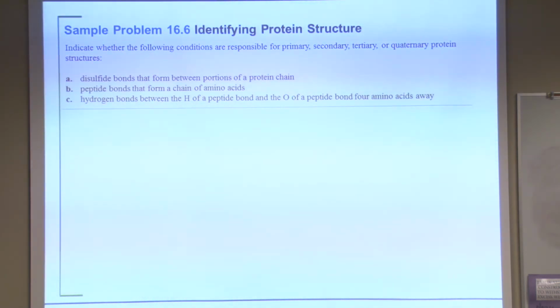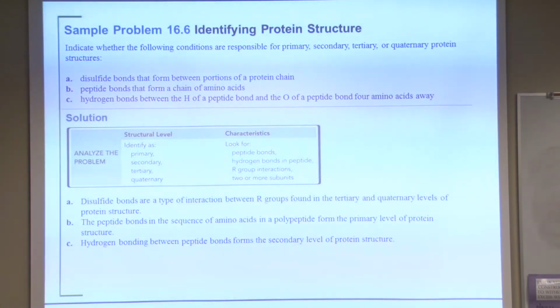Do these interactions create primary, secondary, tertiary, quaternary structure? So, disulfide bonds are interactions between R groups found in the tertiary and quaternary levels of protein. The peptide bonds in the sequence in a polypeptide chain form the primary level. Hydrogen bonds between peptide bonds form the secondary level of protein: alpha, beta, triple helix.